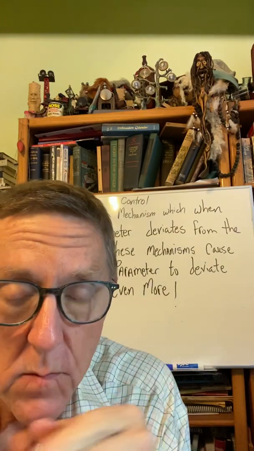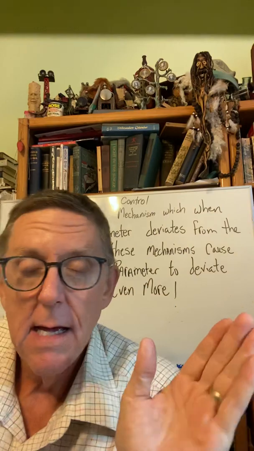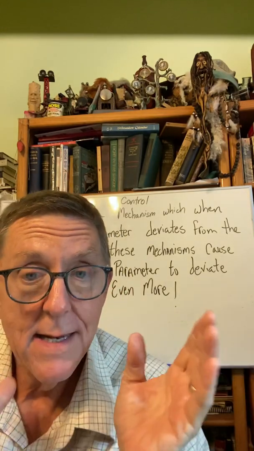A few moments ago, I was talking about negative feedback. And I had said that we have mechanisms called homeostatic control mechanisms that draw on negative feedback control mechanisms to control many physiological parameters.